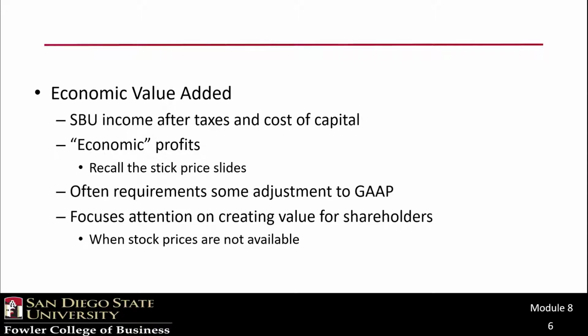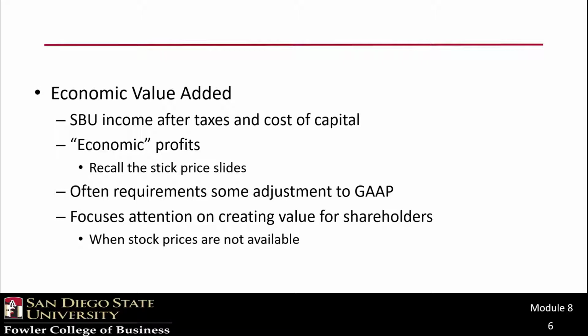So another way to measure the performance of a particular business unit is through something known as economic value added. So EVA is a business unit's income after deducting taxes and after deducting the cost of capital. The idea is that EVA approximates a firm's economic profits.